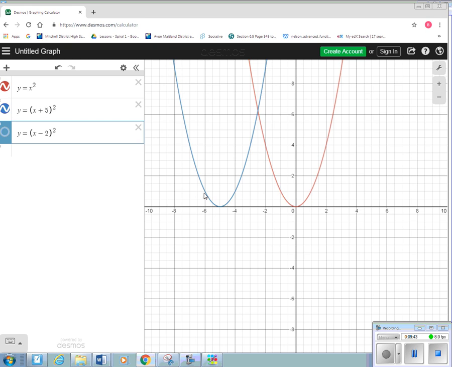This x plus 5 actually moved 5 spaces to the left, which is kind of weird, right? And the x minus 2 moved 2 places to the right. So it did the opposite of what we thought it would do.